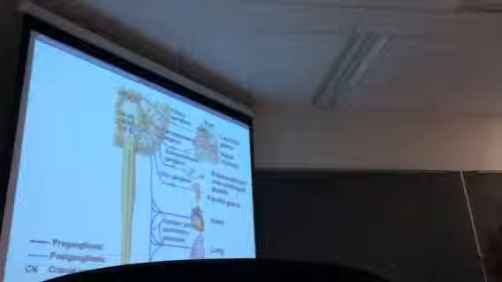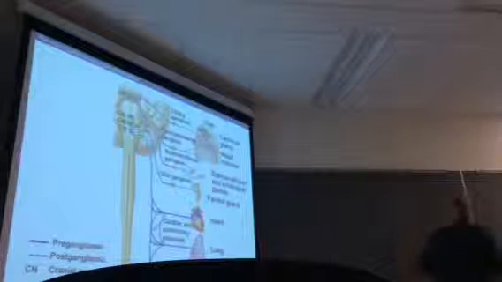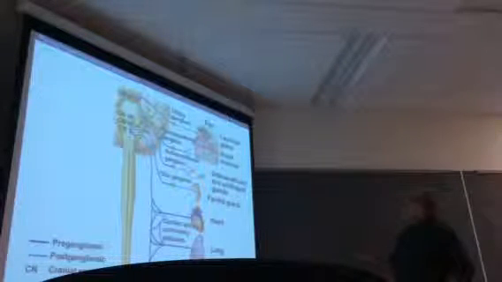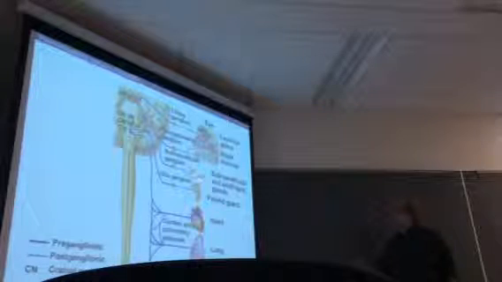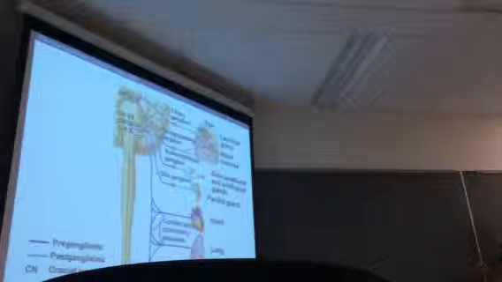The other branch, so we go to the pterygopalatine up here, and then we branch down to the submandibular ganglion, going to various glands in the mouth. The submandibular, which is down below the mandible, and the sublingual, which is at the base of your tongue.